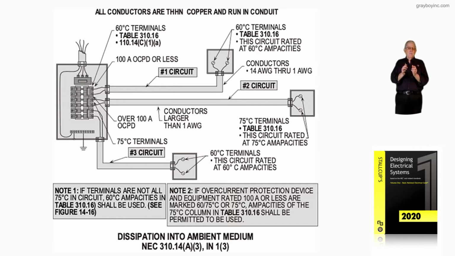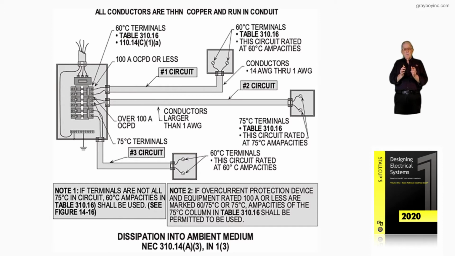If the overcurrent device is over 100 amp, then it's automatically 75 degree C terminals. If the devices are marked 75, state, county, city inspectors know that this is a raceway system with individual conductors, and cables would not be used at all unless they are listed at 75 degrees, such as service entrance cable.